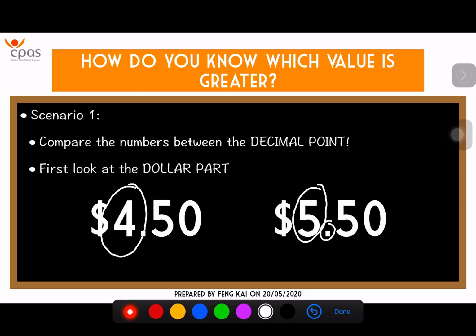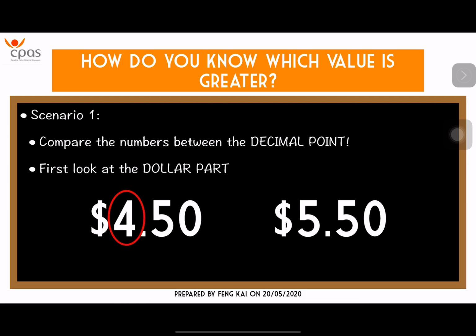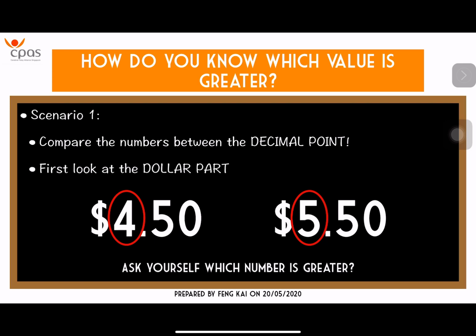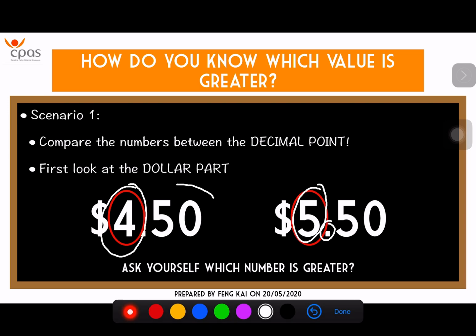What are the numbers? The first number is 4 and the second number is 5. So ask yourself, which number is greater? If you look at your number line, is it 4 or is it 5? Now in this case, do we bother about the cents portion?